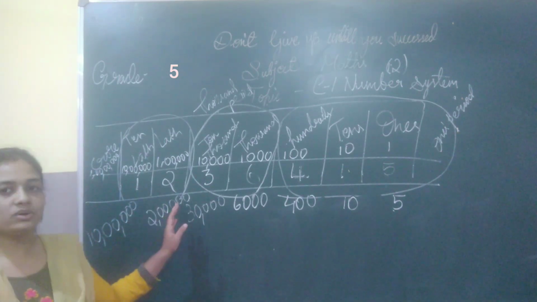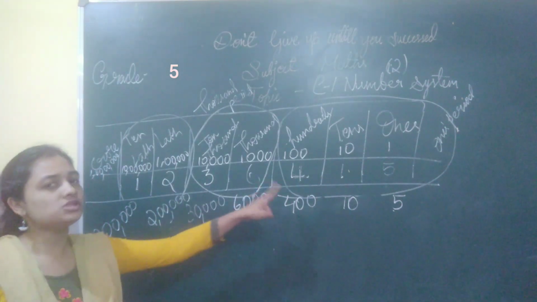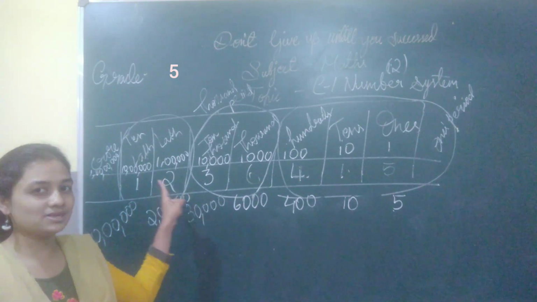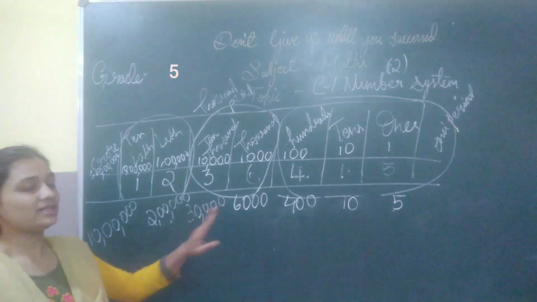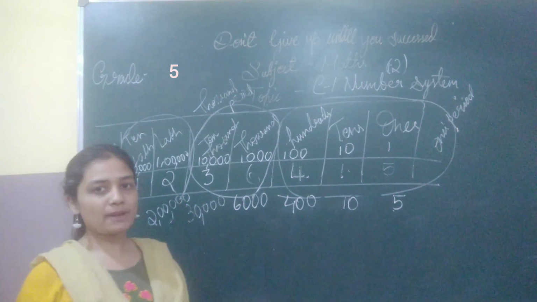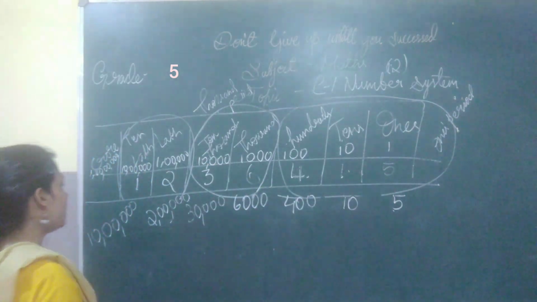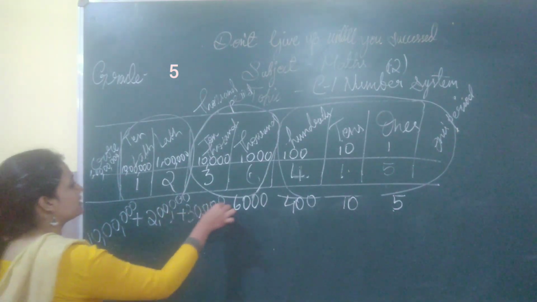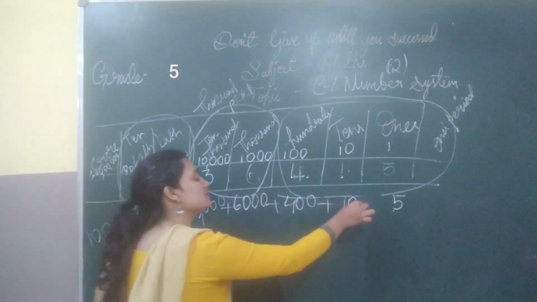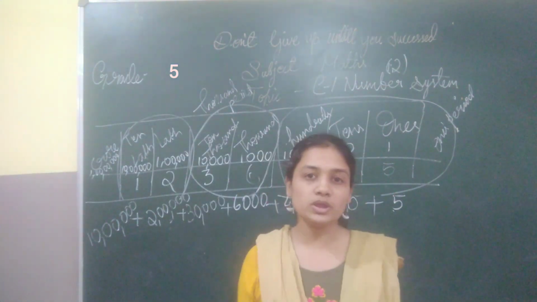So here I have found out the place values of each digit in this number. This is how you find the place value. So how will you expand it? Expanding is nothing but writing all the place values along with a plus. Okay, so this will be learned in the next video.